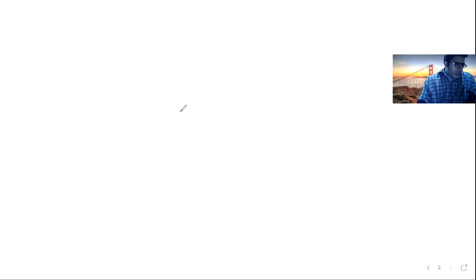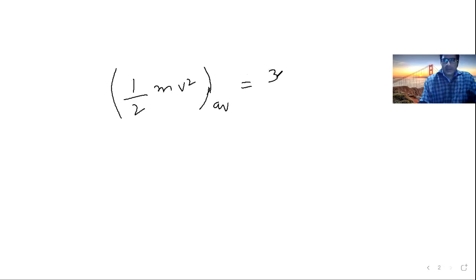You must have seen this relation in your class 11th: half m v square average is equal to 3/2 kT, right?